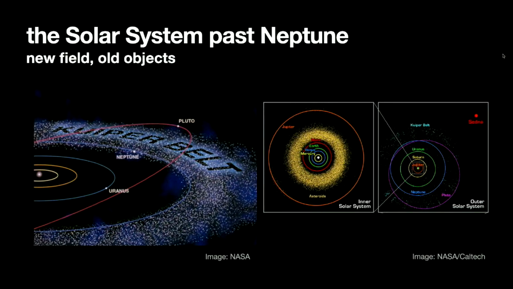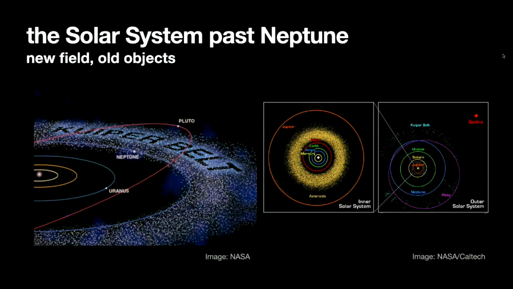The most famous of the trans-Neptunian objects is Pluto, but the second trans-Neptunian object was only discovered in the 90s. With that, it created a whole new field of study.